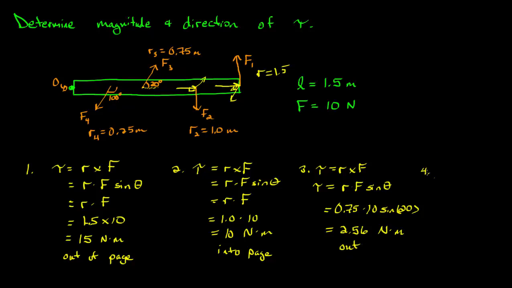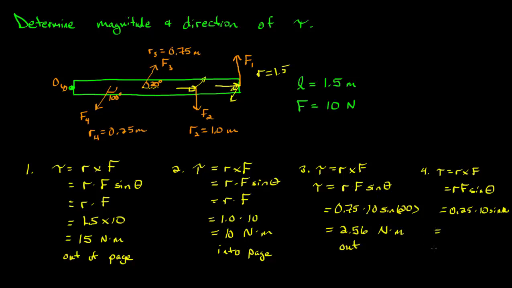Number 4, similarly, torque is going to be R cross F, which is RF sine theta, which is going to be 0.25 times 10 times sine 100. And note, you can do it either way. I could have done 80 degrees here. Doesn't matter.